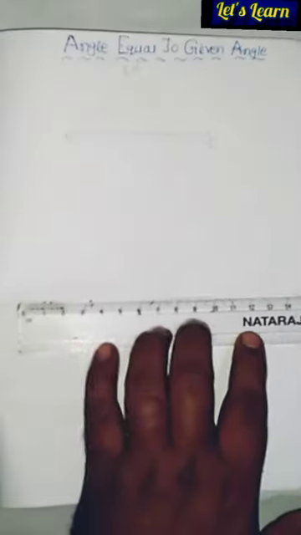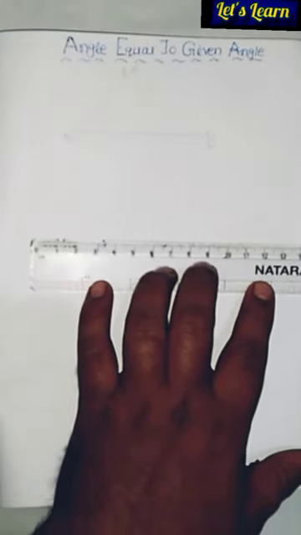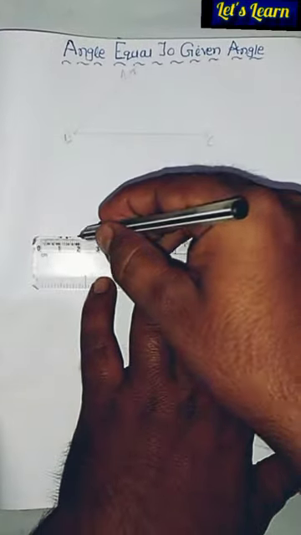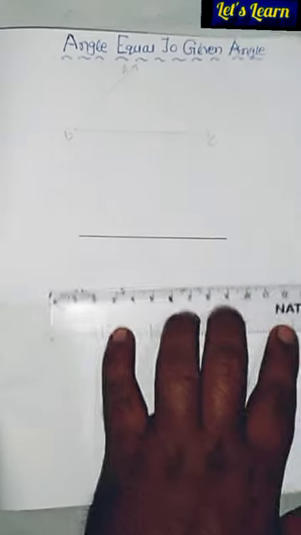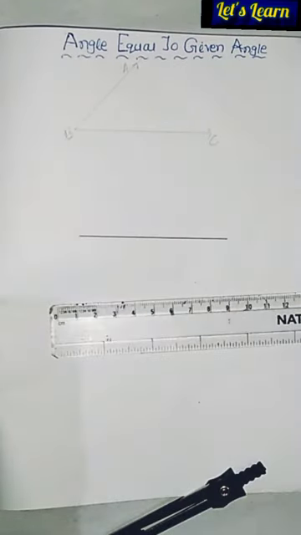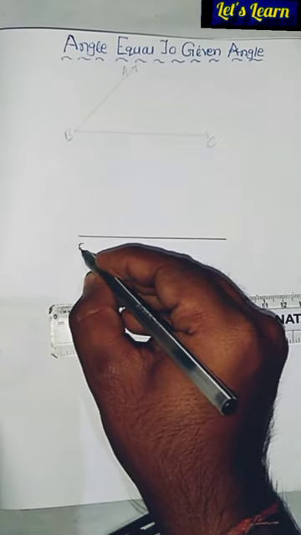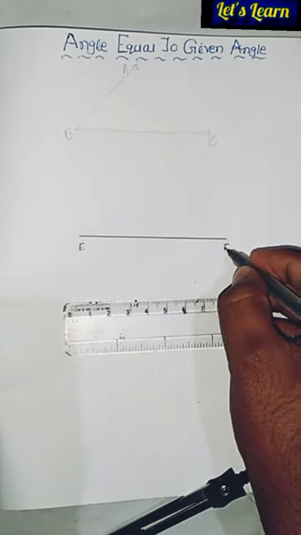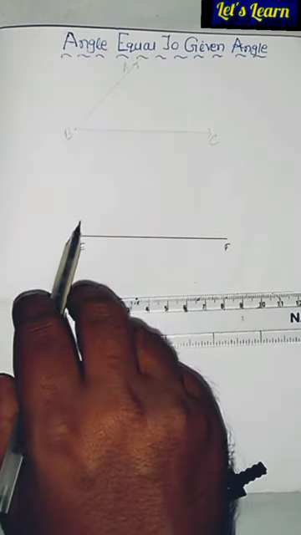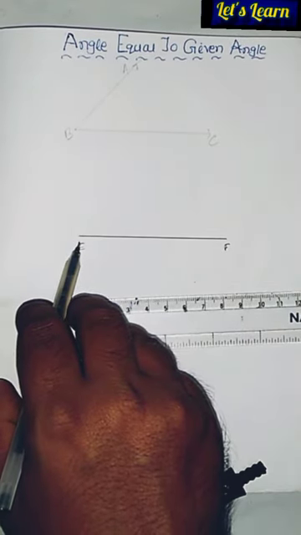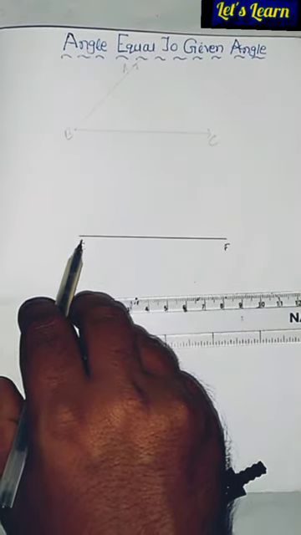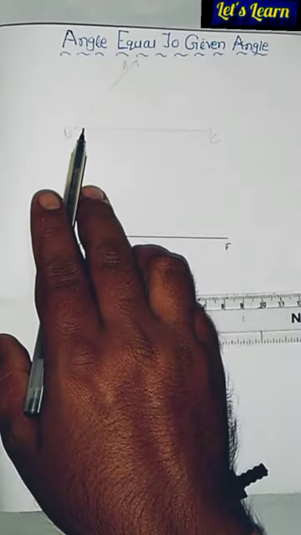For this, let us first draw a line. Let the line be EF. At this point E, we would like to take an angle equal to the measure of angle ABC.